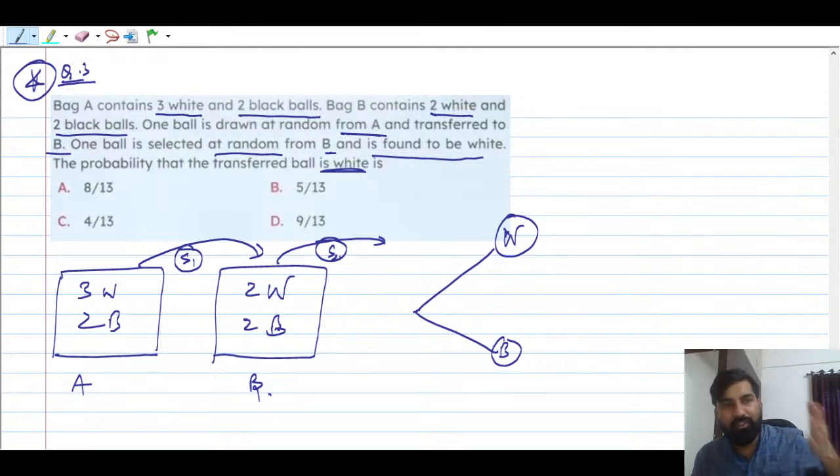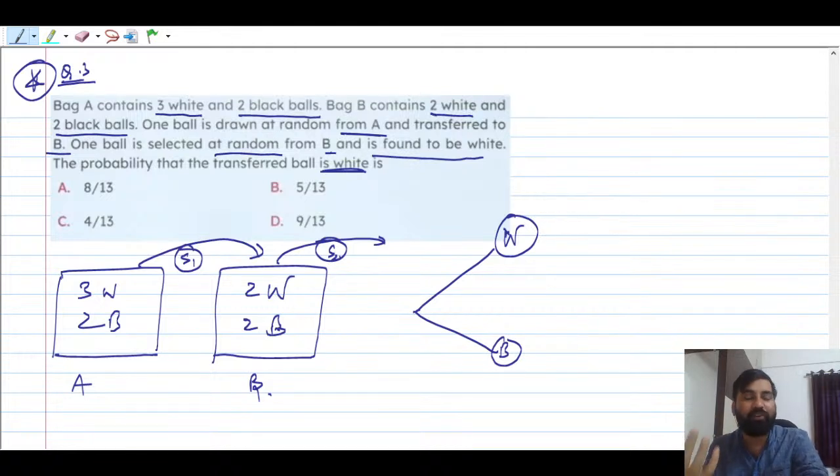In the first event, you can take a white ball or a black ball. You don't know, right? Because that is the random experiment. You are drawing from bag A, so you can either pick up white or black.